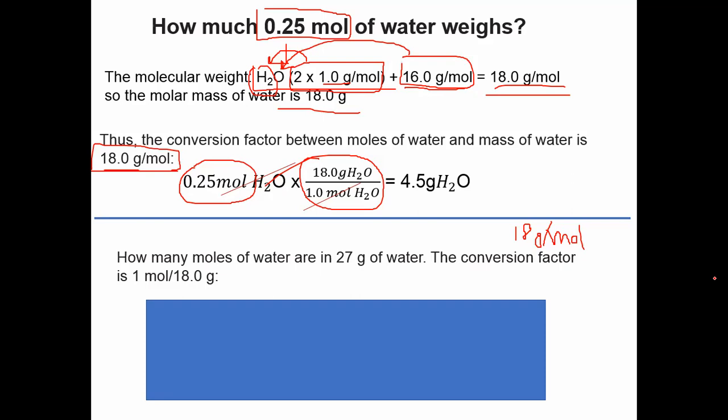Yes. So do we have an answer? Yeah. I have right now the mass of water, and I need right now a molar mass. No, you need to find the number of moles.